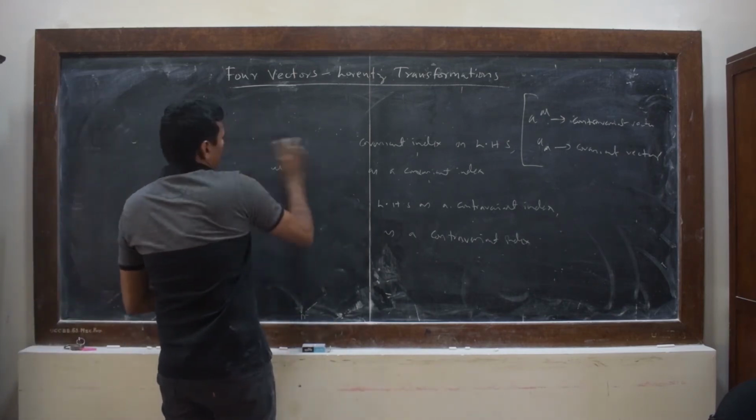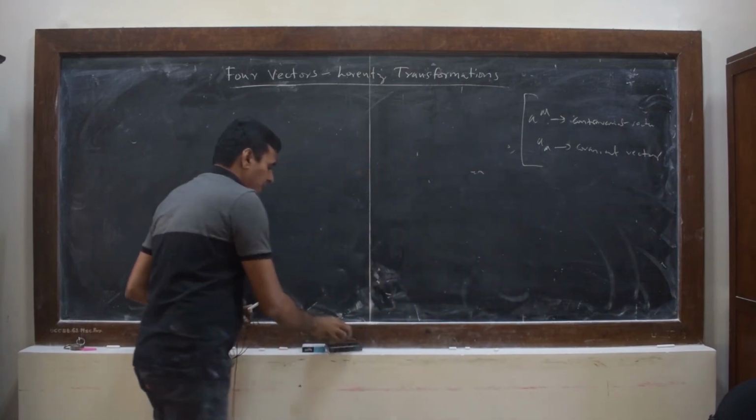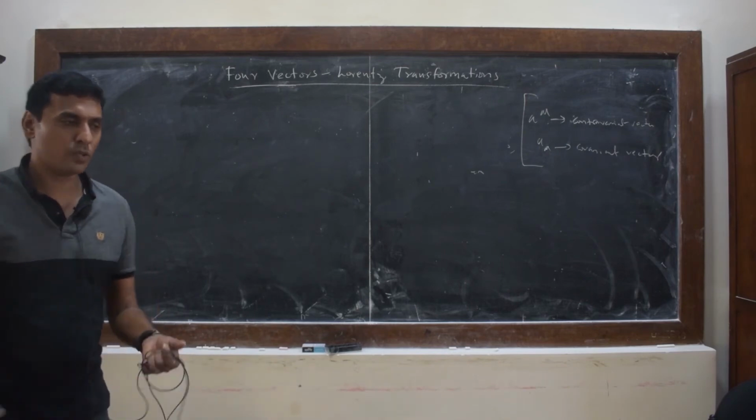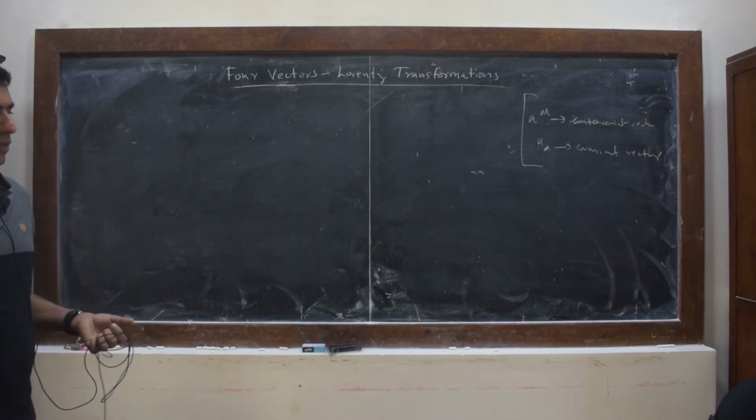Second rule. In the old case, if an index appears twice on the LHS or RHS, you call it a dummy index and you must sum over it.